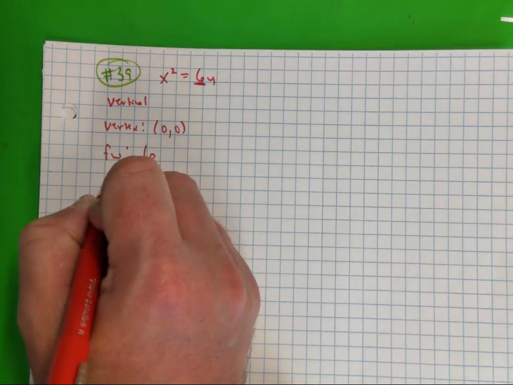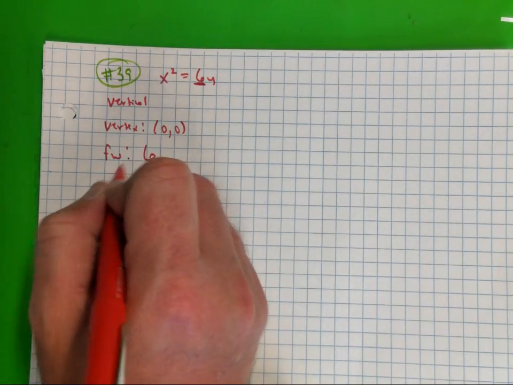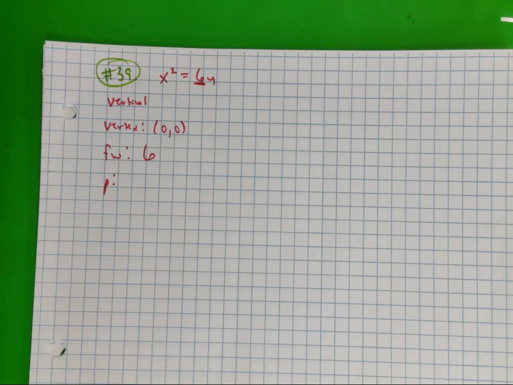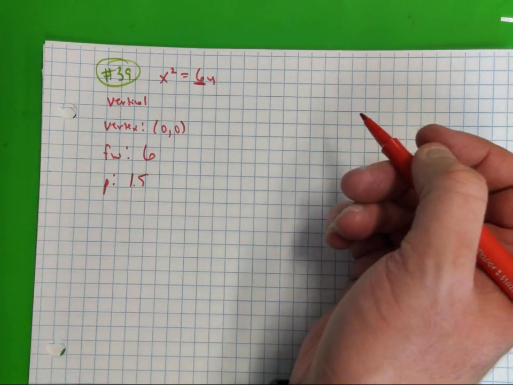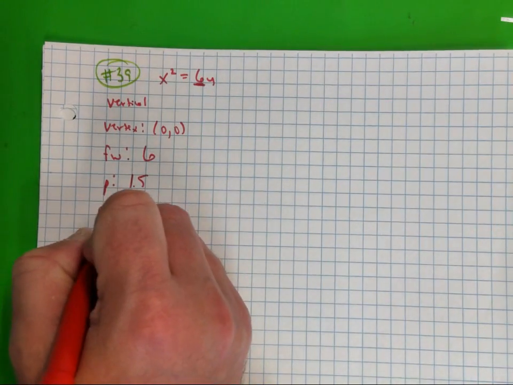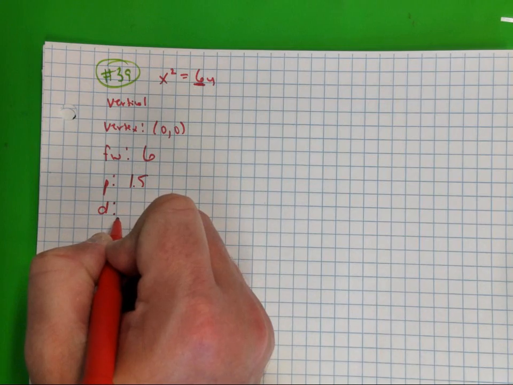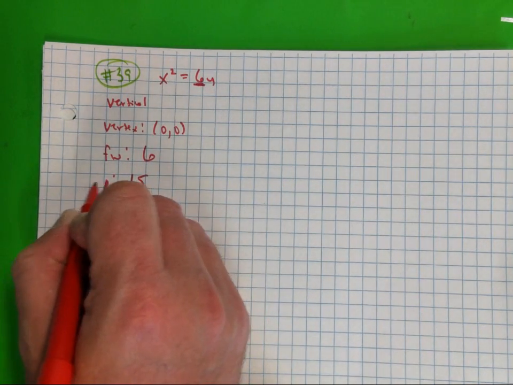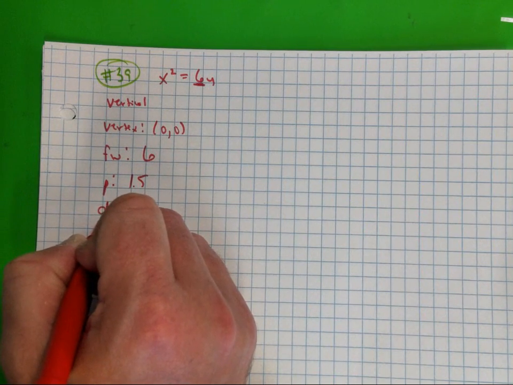Okay, we didn't do one like this. I won't give you one like this tomorrow in the test. But you're going to take the focal width, divide it by 4 to find the P, and that's 1.5. That means the focus is 1.5 units from the vertex. Let's see what we get when we do the directrix. The directrix, I'll abbreviate it as D. Remember, the focus is P. D is directrix.